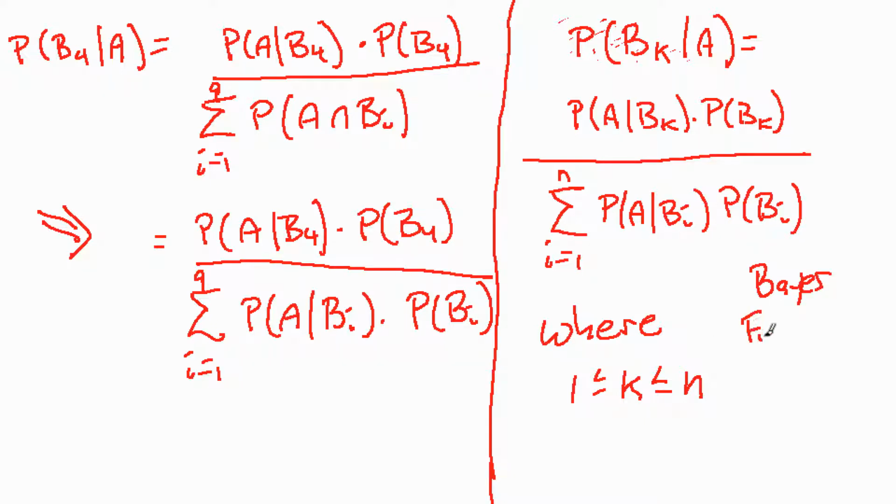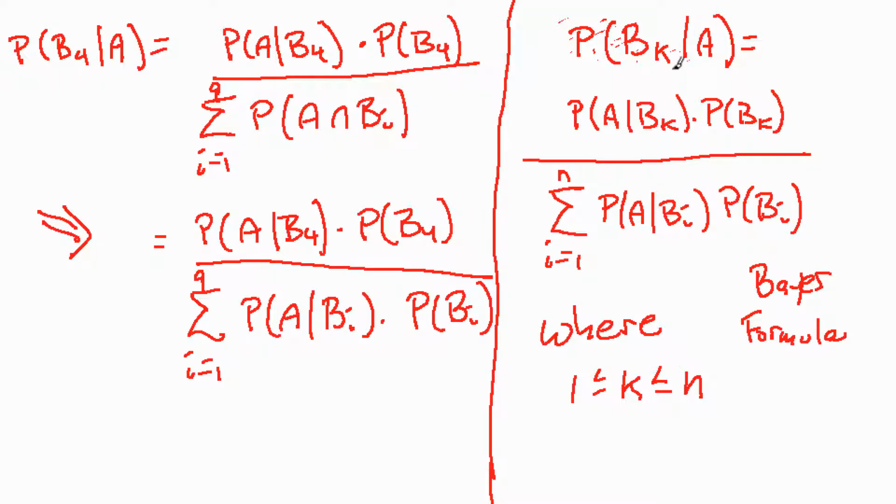So if you want to consider this in a slightly more complicated example than what we did before, imagine instead of having 2 urns, we had 3 urns. B1, B2, and B3 would be the events of either picking urn 1, urn 2, and urn 3. We could imagine that there's a mix of blue and gray balls on each one of the 3, and A is the event that we picked a blue ball.